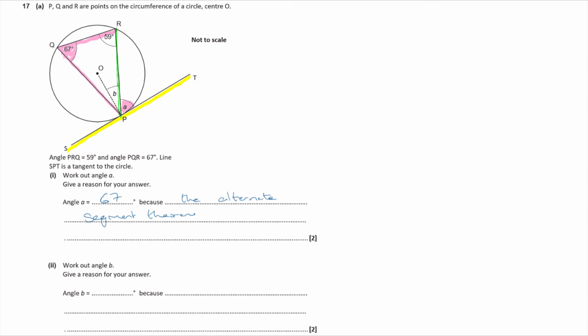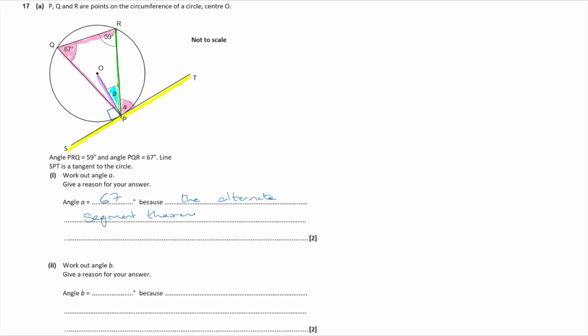B is here. Okay. Now, OP is a radius drawn at the point of contact with that tangent. So we should know that a tangent and the radius drawn at the point of contact always meet at a right angle. Okay, so OPS or OPT is a right angle.